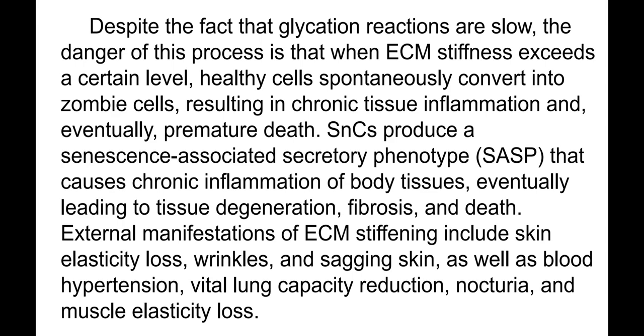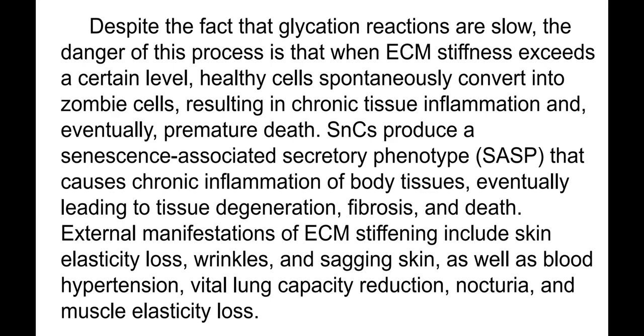Despite the fact that glycation reactions are slow, the danger of this process is that extracellular matrix stiffness exceeds a certain level. Healthy cells spontaneously convert into zombie cells, resulting in chronic tissue inflammation and eventually premature death.